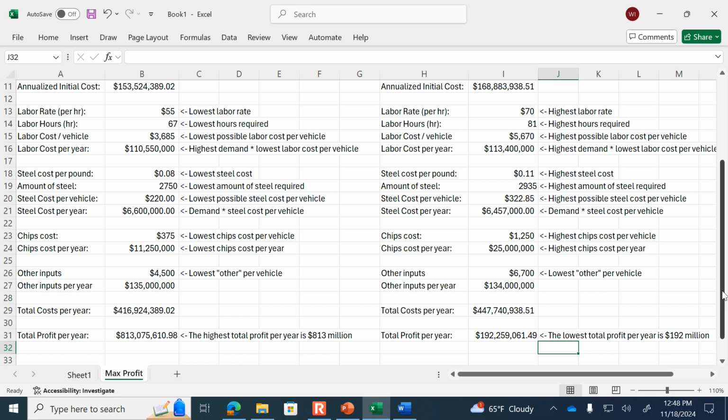Still seems pretty good, but not as good as $800 million.